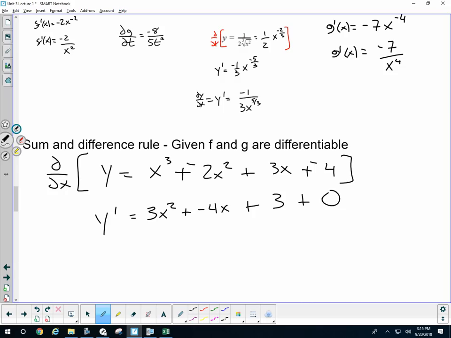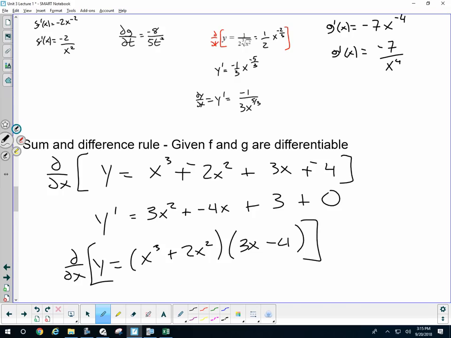Okay, we're new at this. We'll pick it up, okay? Seems obvious. However, if I were multiplying terms like this together, and I was taking the derivative of this, it doesn't work out like that. This is not the same. You're not going to get y prime equals 3x squared plus 4x times 3 minus 0.